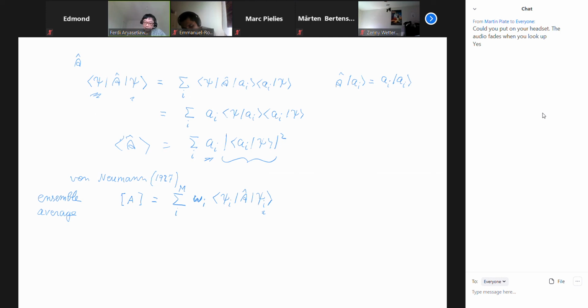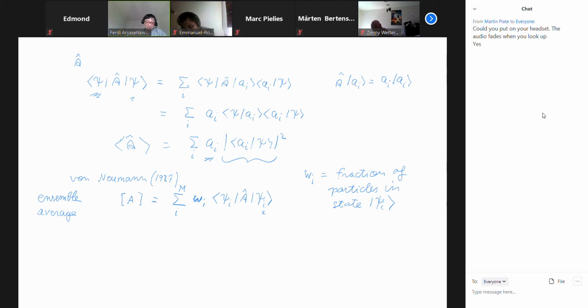This means that omega_i tells us the fraction of particles in state psi_i. In the case of spin half, this could be the fraction of particles in the spin up state, let's say along the z direction or along some arbitrary direction.